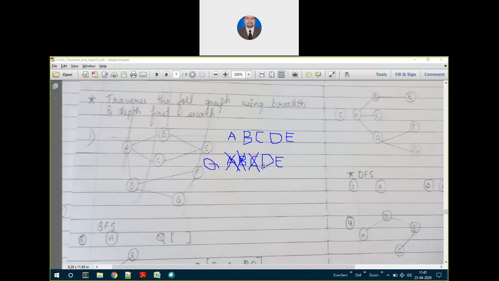Then next is D, so I have to start from D here. D is connected to A, which I have already taken care of. Then what are the remaining?